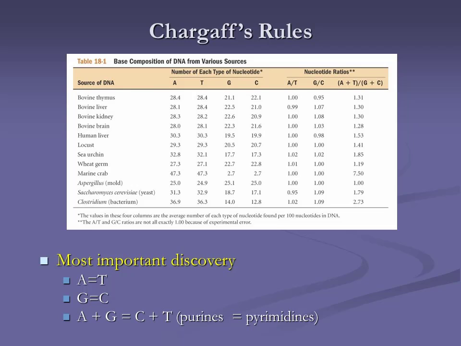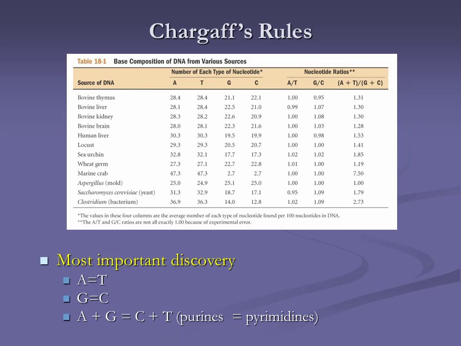So the percentage of these is species specific, but we can still look at our A's and T's and our C's and our G's. And if you know the percentage of one, you can calculate the percentage of all of them. You understand how we do that?